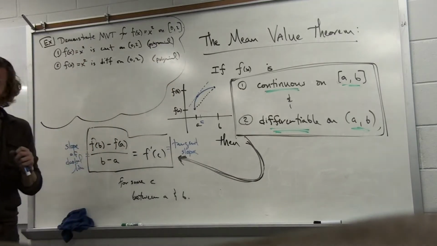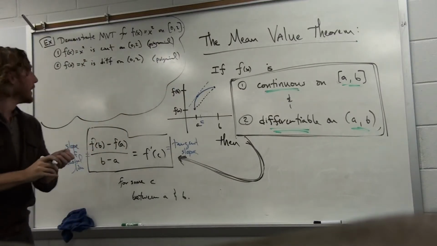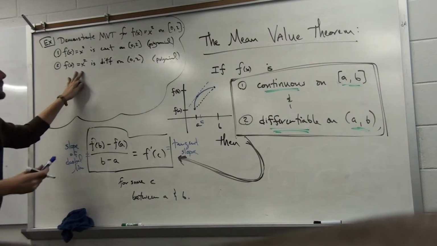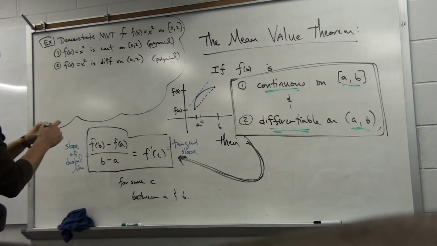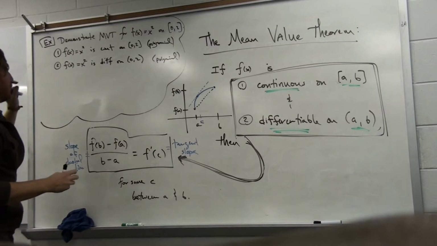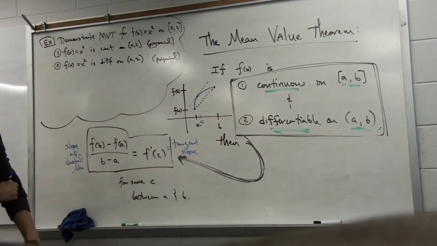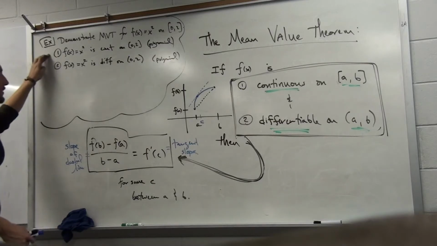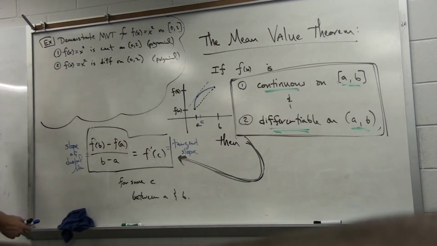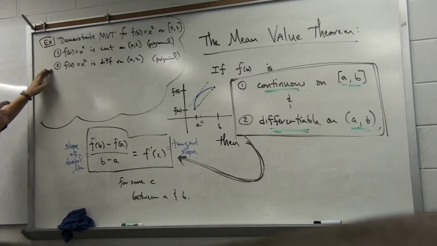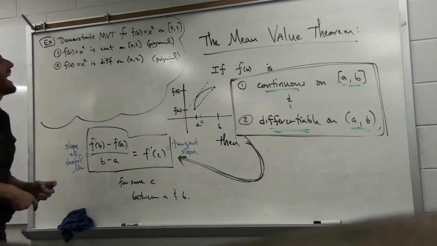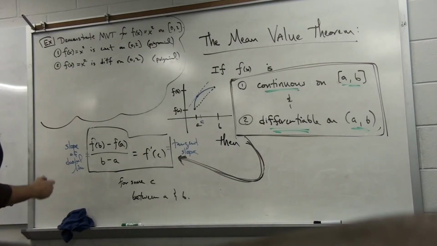In fact, a polynomial is going to be differentiable everywhere because you can take its derivative. In particular, its derivative is 2x. So now, we've got the criteria met to guarantee the mean value theorem. So we've established that we are continuous on the closed interval, we've established that we are differentiable on the open interval, and now we can proceed with solving the problem.